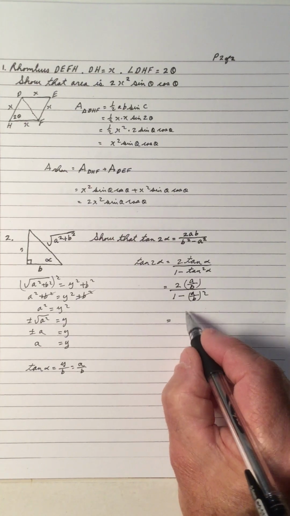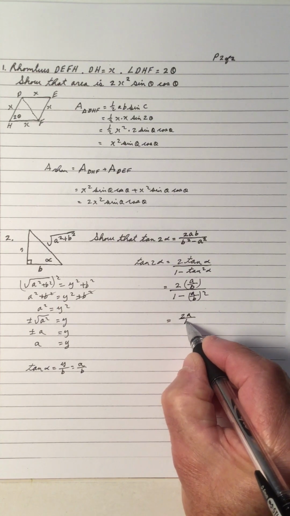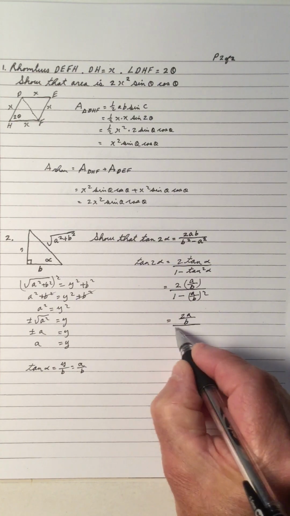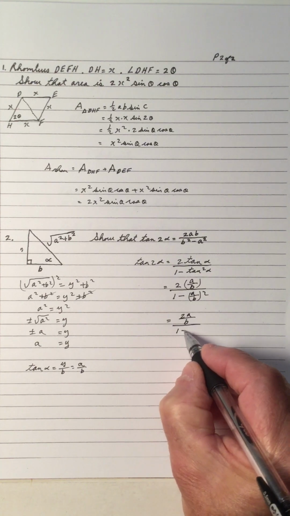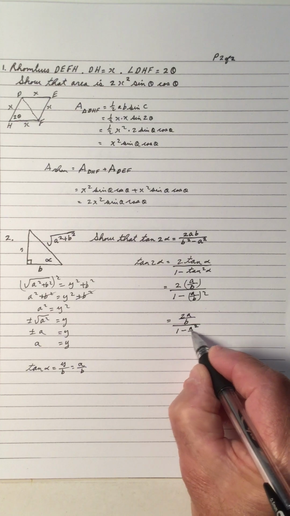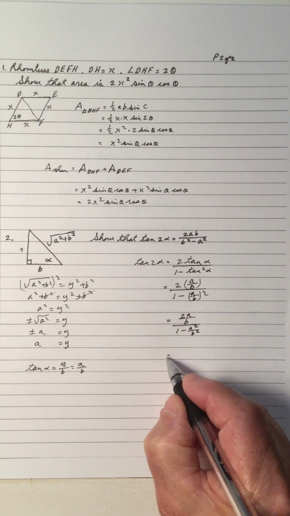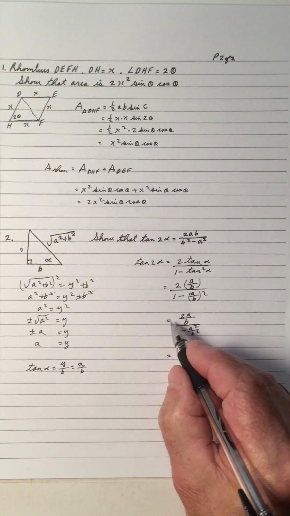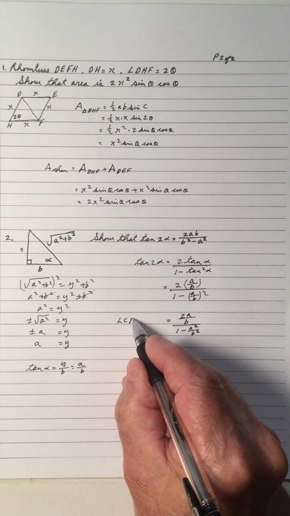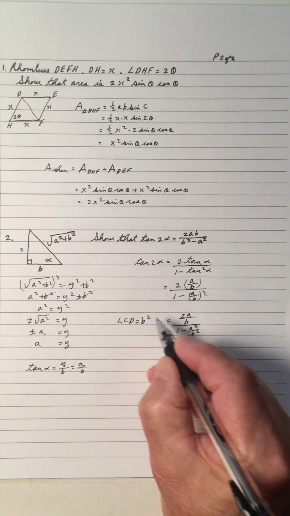So let's simplify that. 2 times a over b is 2a over b, and 1 minus a over b squared is 1 minus a squared over b squared. Notice we have a complex fraction. The LCD for this complex fraction is b squared.